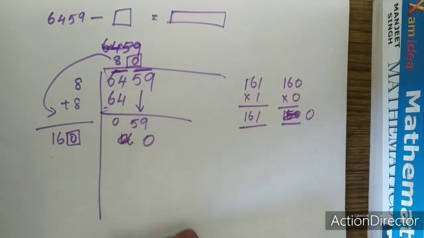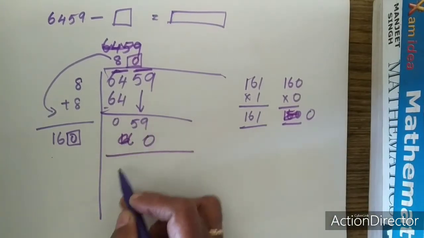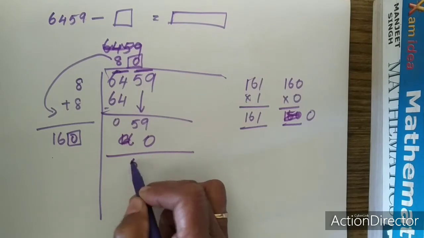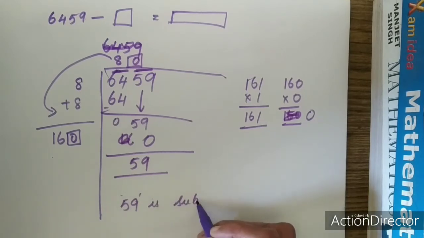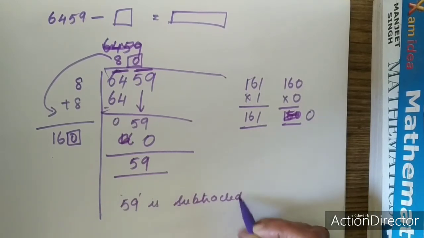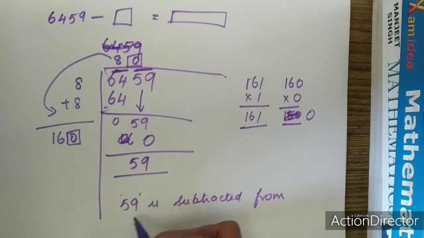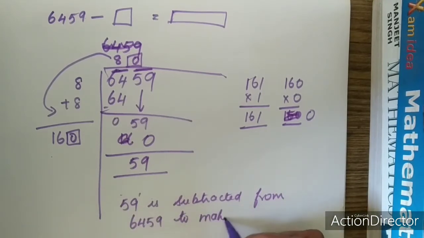So I'll be taking 0 over here. So 59 minus 0 is equal to 59. So what is the number I am going to subtract? 59 is subtracted from 6459 to make it a perfect square.